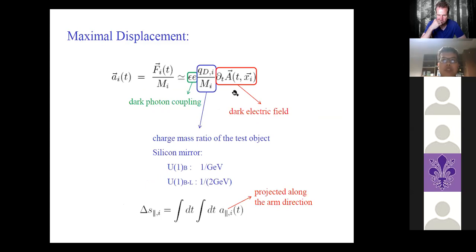And the third component is the dark electric field. And after obtaining the acceleration of each test mass, we can project it along the arm direction, which will give you A parallel. And taking the time integral of A parallel twice, we can obtain the displacement of each test mass.